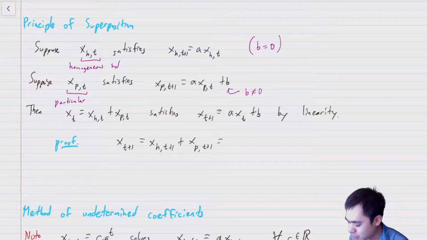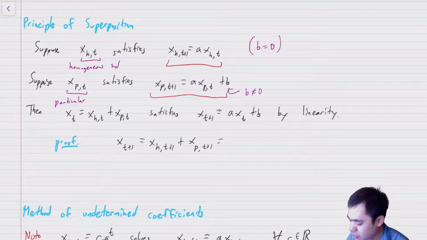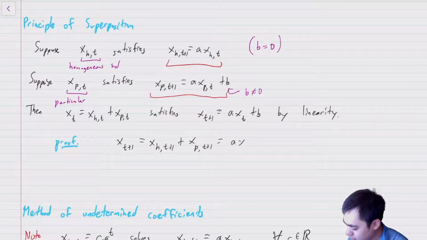We know that these two things up here are both satisfied, and therefore that is equal to a x sub h comma t plus a x sub p comma t plus b.